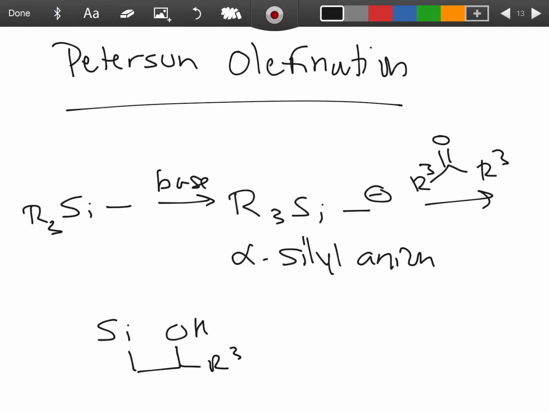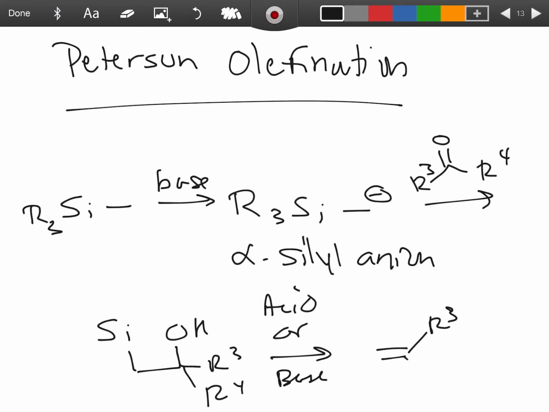R3 and R4, not two R3s. And then this will fall apart in the presence of acid or base to give you a double bond.